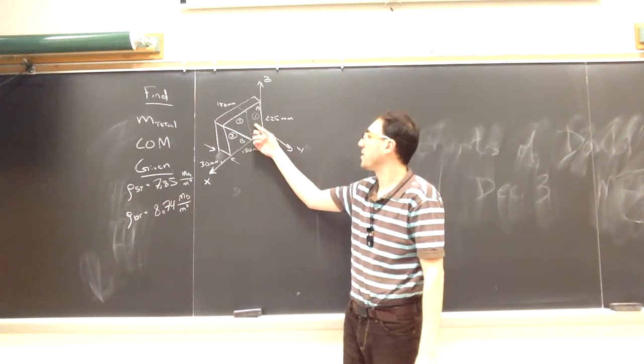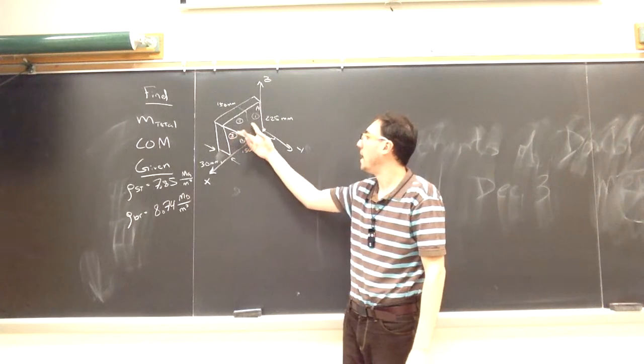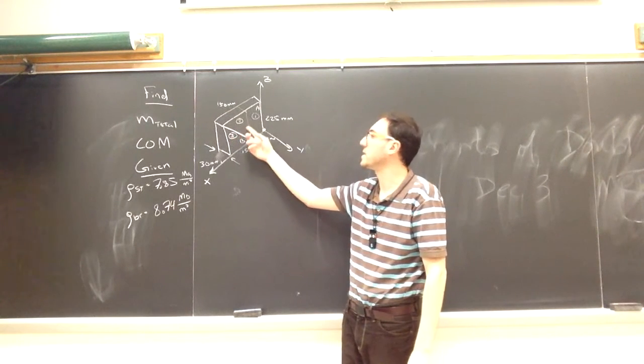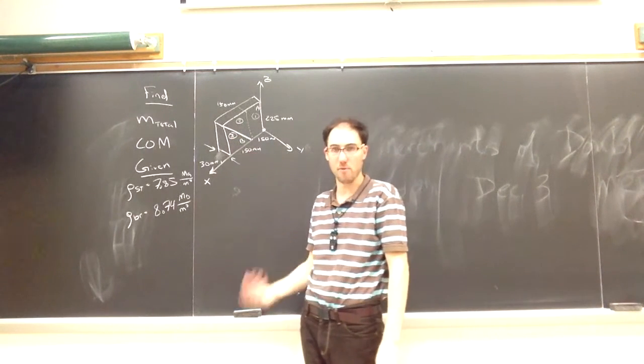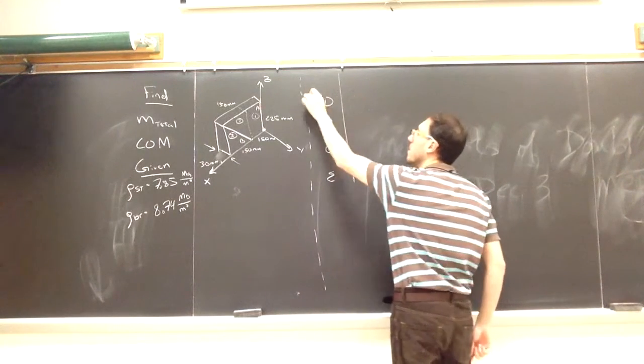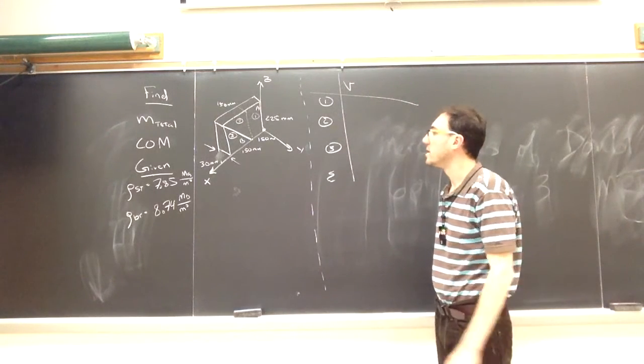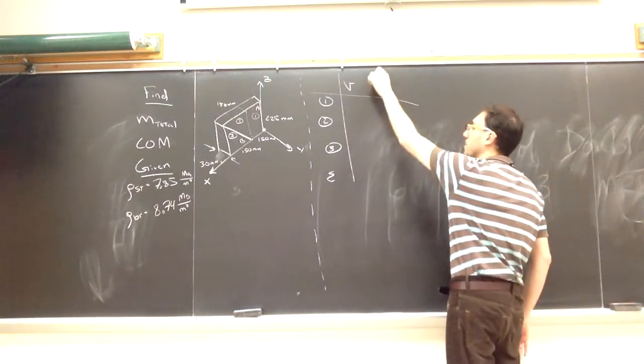Okay, so shape 1 is a rectangular solid. Shapes 2 and 3 are triangular solids. But shapes 1 and 2 are made of the steel, and shape 3 is going to be made of the brass. 3 shapes, and then I have the summation I'll take at the bottom. Because this is 3D, each shape is going to have a volume, not just an area associated with it.